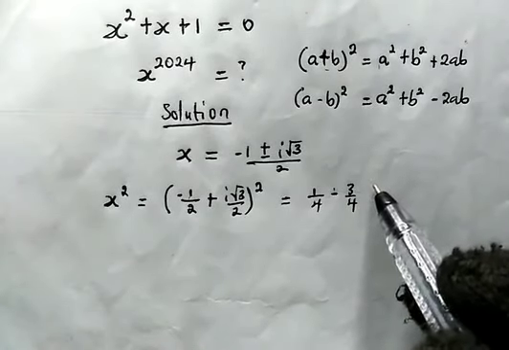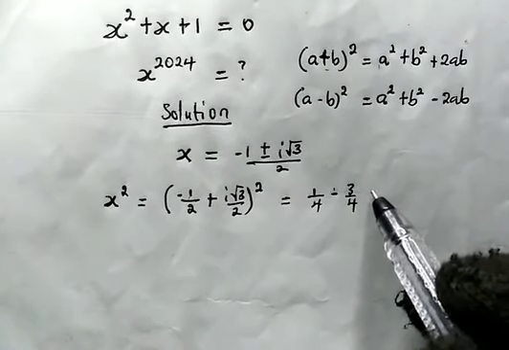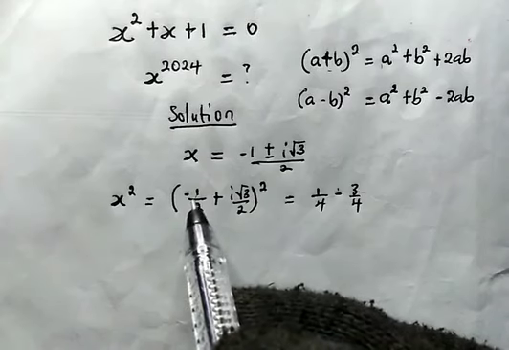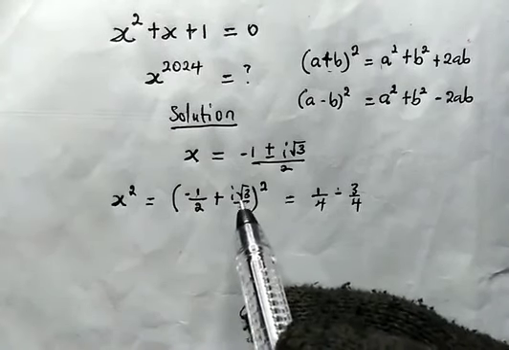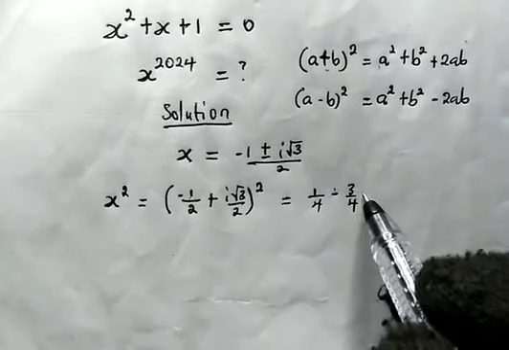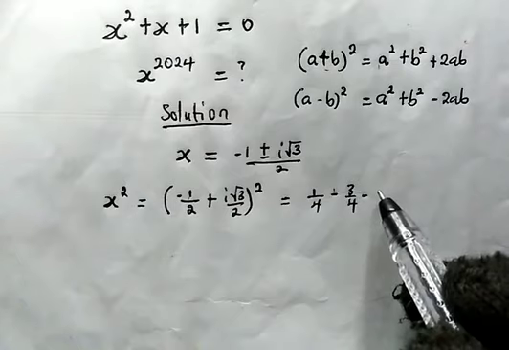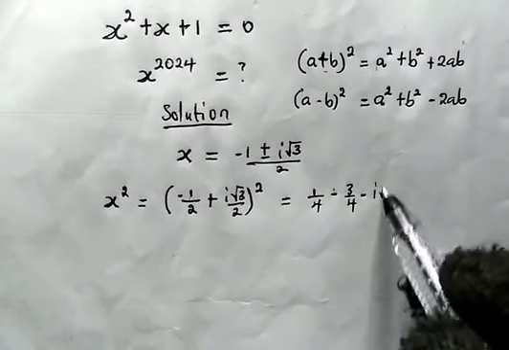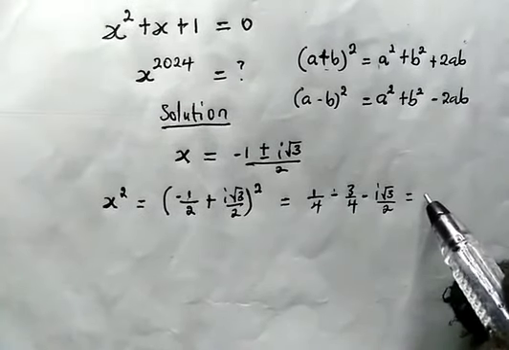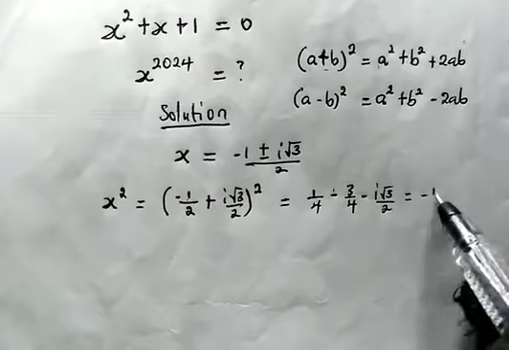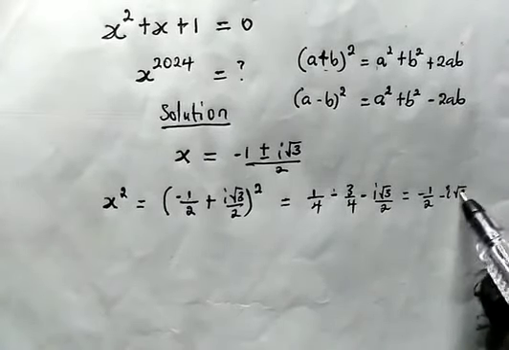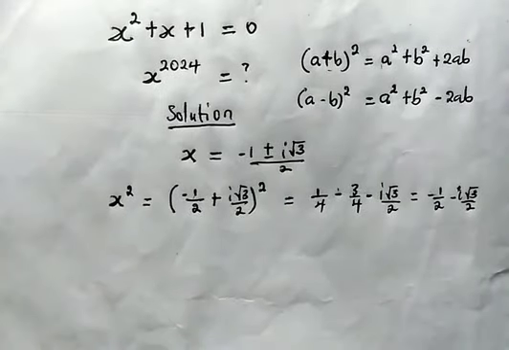Then we have plus 2 times the first term times the second term, but remember it will have a negative 1, so here we have i root of 3 over 2. Simplifying this, we have negative 1 over 2 minus i root of 3 over 2.